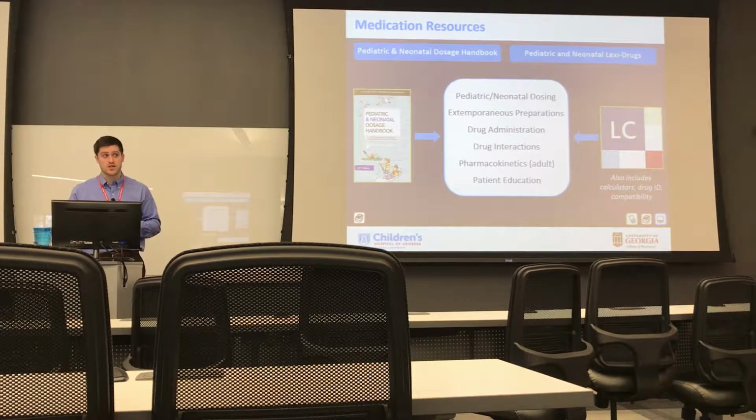Drug administration: not only for oral administration, advising if it can be crushed, or if it's a capsule, if it can be opened and put into some applesauce, but also for IV medications, if they can be pushed or if they need to be administered over a certain amount of time or at a certain rate. Drug interactions: not only drug-drug interactions, but physical compatibility as well.